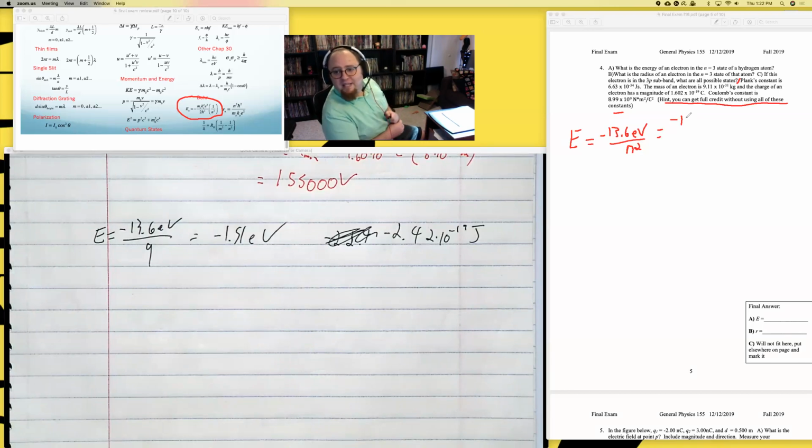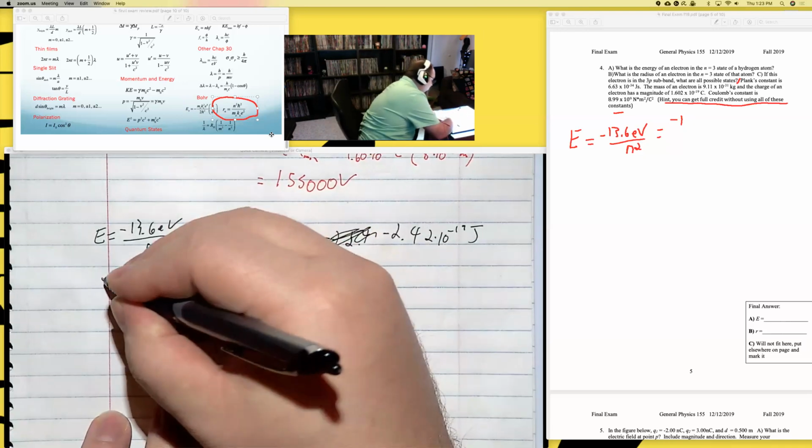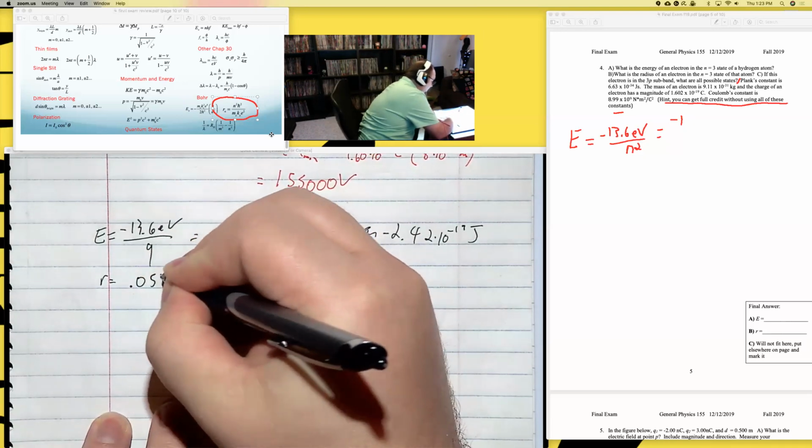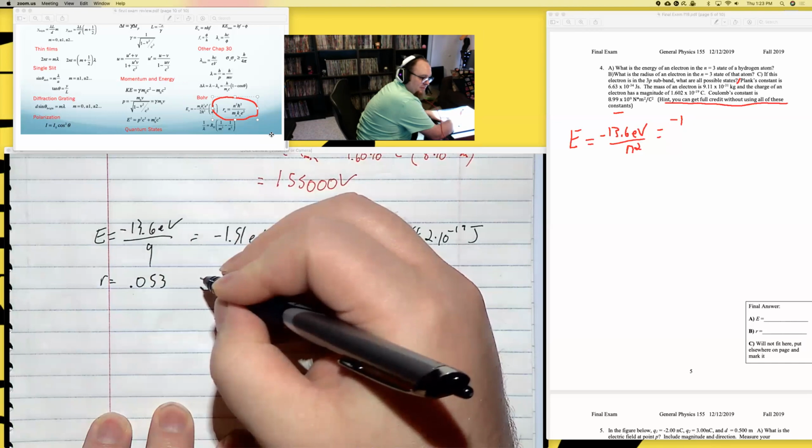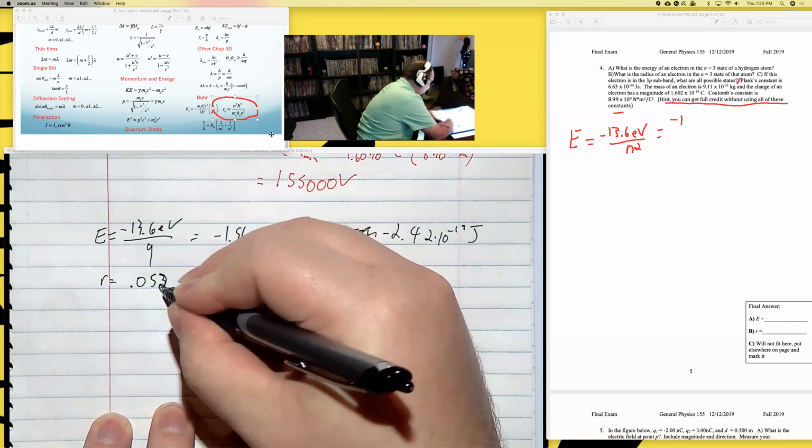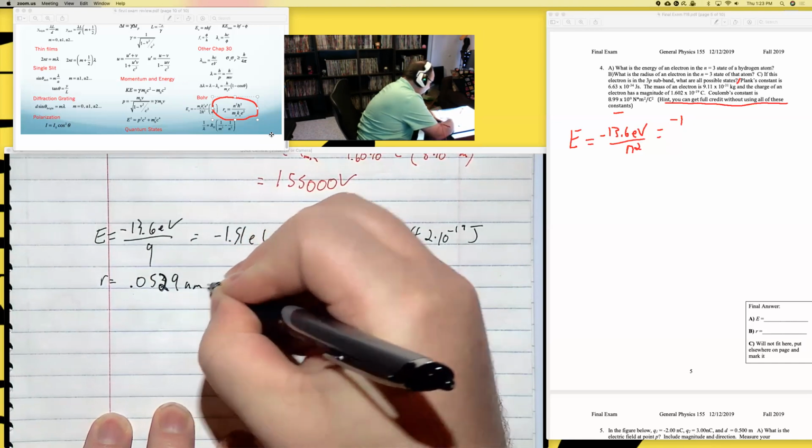Now, B. What is the radius? Well, there's my equation for radius. Radius is all of those constants times n squared. And when you plug in all those constants, you get 0.0529 nanometers times n squared.